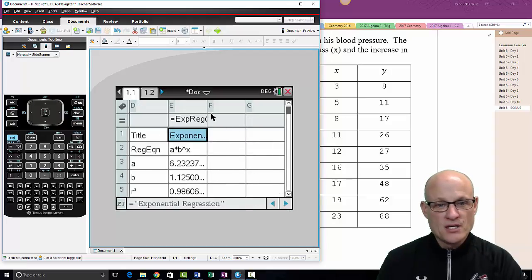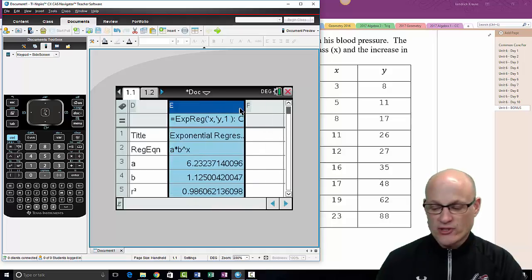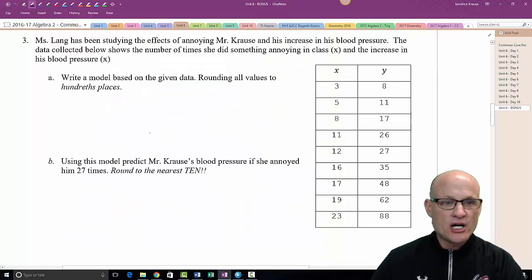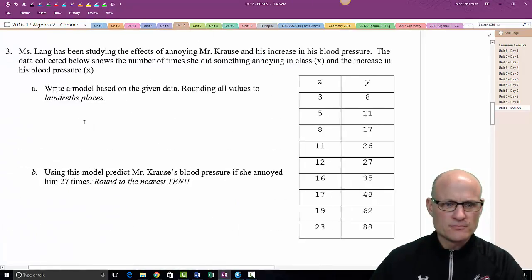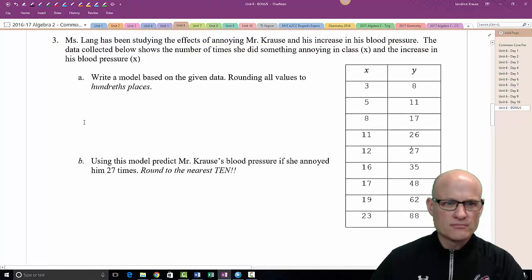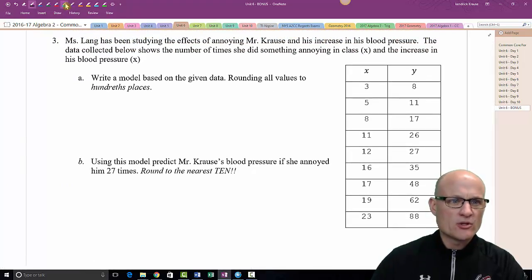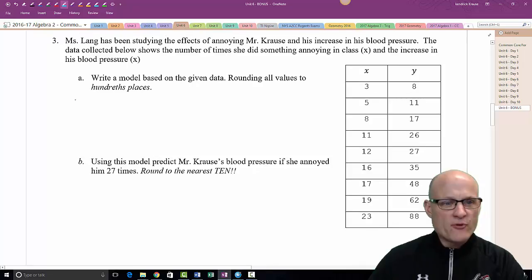So here we go. It said round your answers to the nearest hundredths place. Let me get a different color. Let's go with blue. So my formula is y equals, please don't forget the y. That's so distressing to me when you forget that.